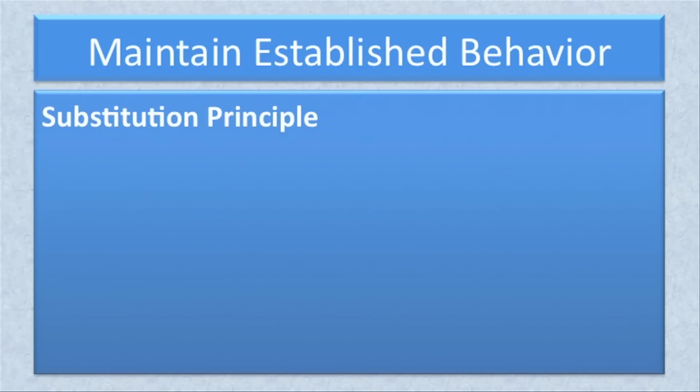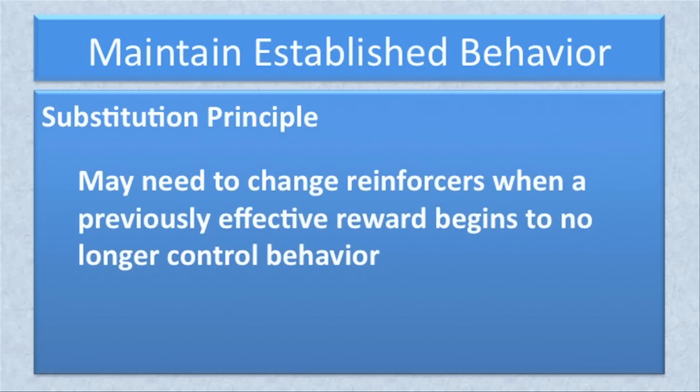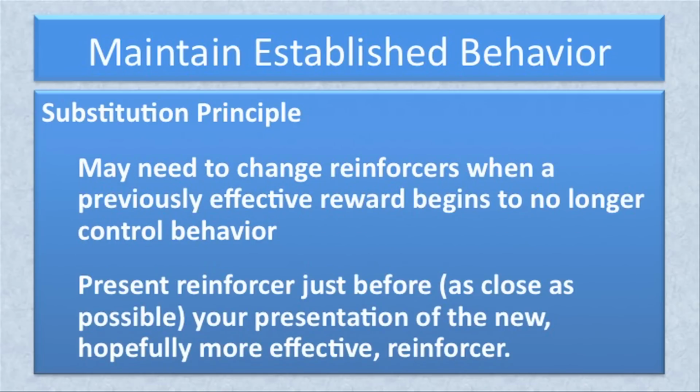There's one basic principle that applies to maintaining an established behavior. This need arises because people change. What worked once, that is, the frequency of a behavior controlled by the stimulus, will not work forever. The key is to present the reinforcer that once worked, but is losing its potency, just before the presentation of a different stimulus.